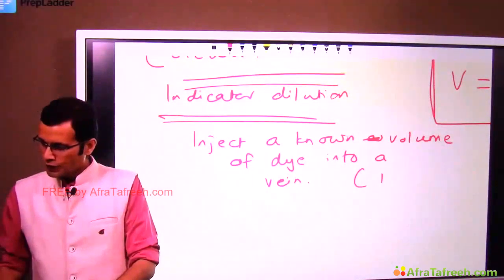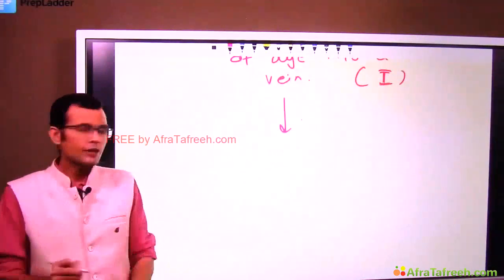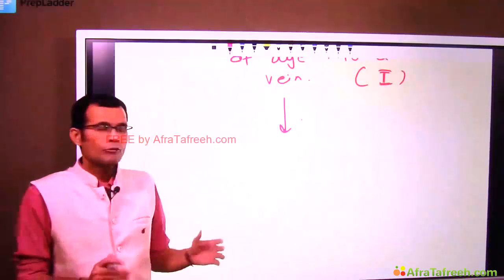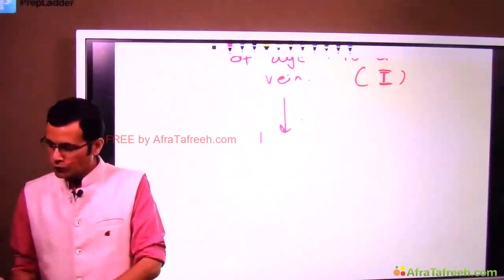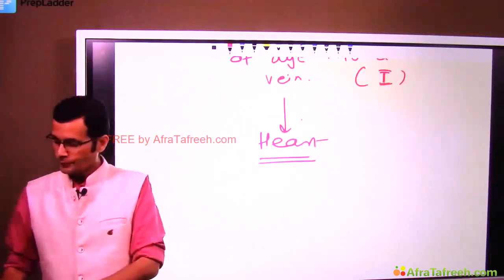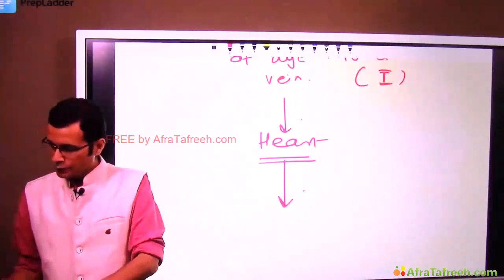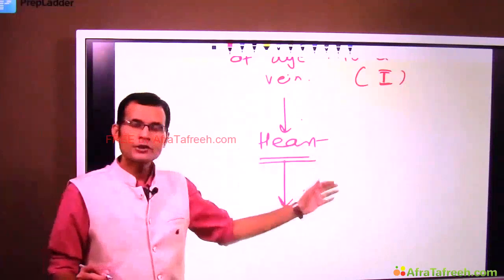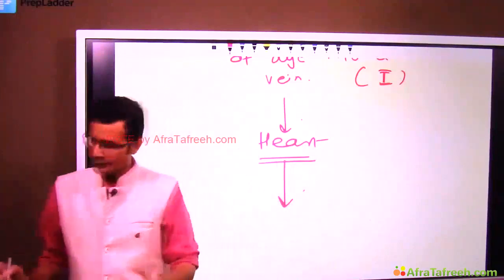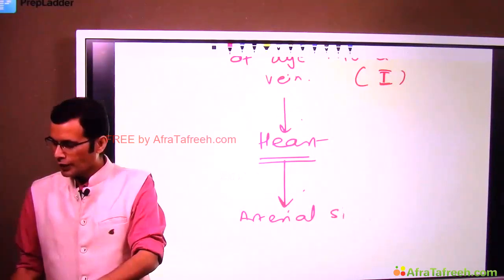That known initial volume we will take as I. It's injected into the vein. From the vein it goes into the heart. The dye goes into the heart, all of it, and from the heart it is pumped out. I mean, the stroke volume pumps it on the arterial side. So now the dye starts coming on the arterial side.